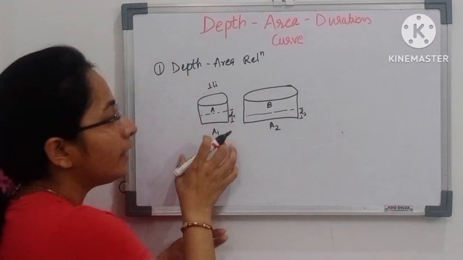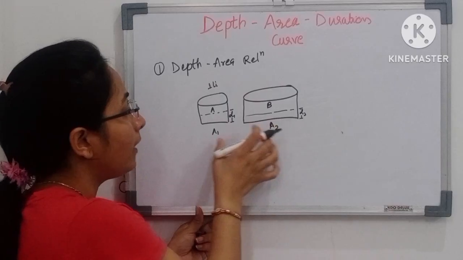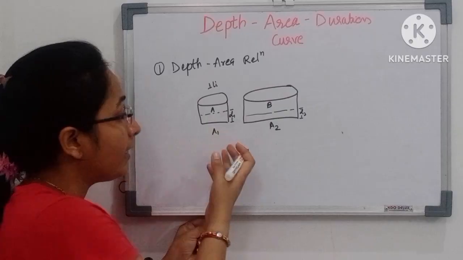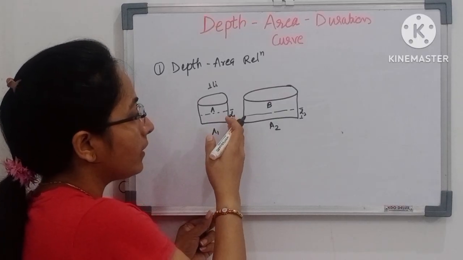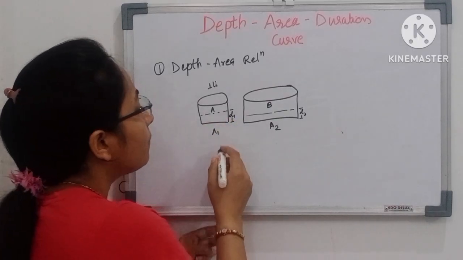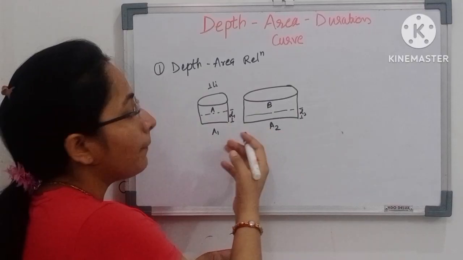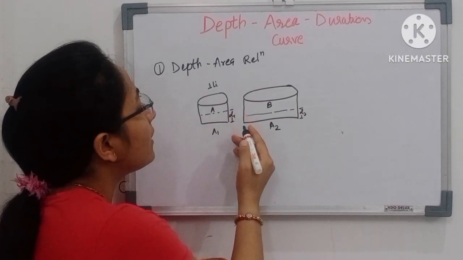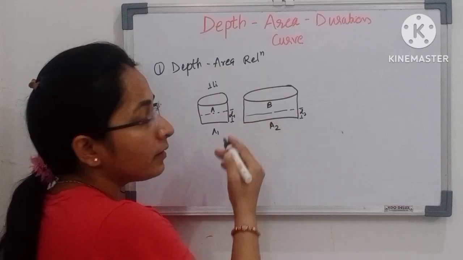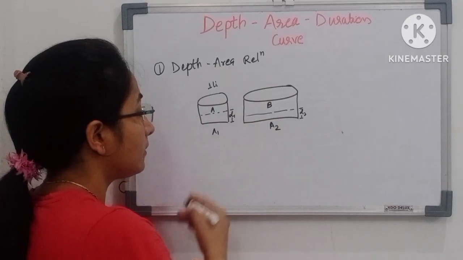So when the area is more, the depth is less, and when the area is less, the depth of water is high. So we can see from this example that when we increase the area, the depth decreases.